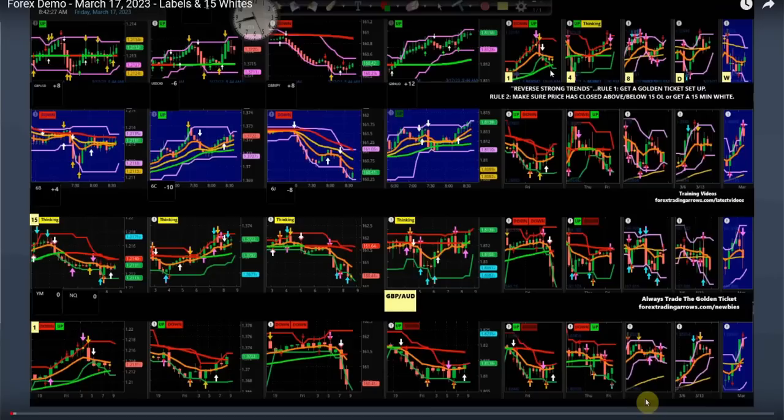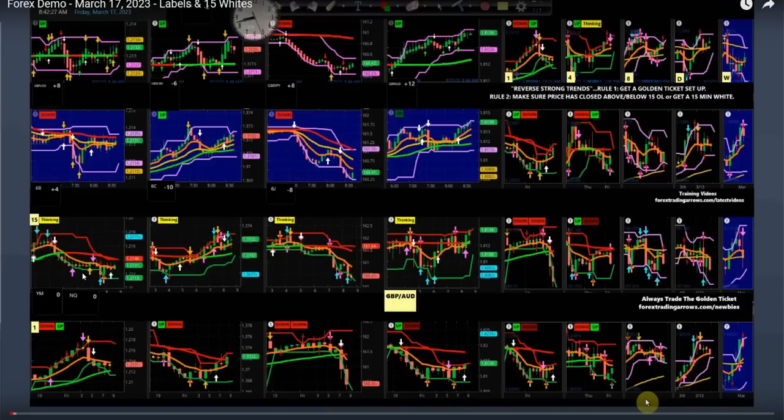Is trend going to continue? More than likely. It started to go there. Look what you had, Steph: the 15 blue. Then you had the pullback. Rule 2's in here, but you don't need it on this particular one. It's not that strong. Look at it, it's just a big pullback, basically.